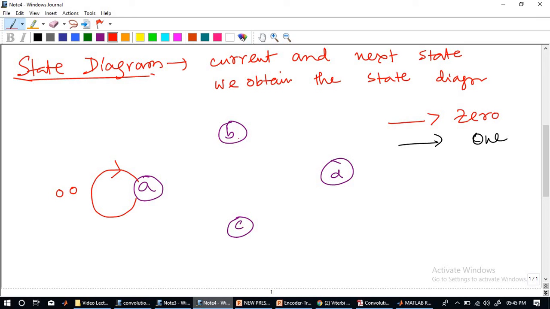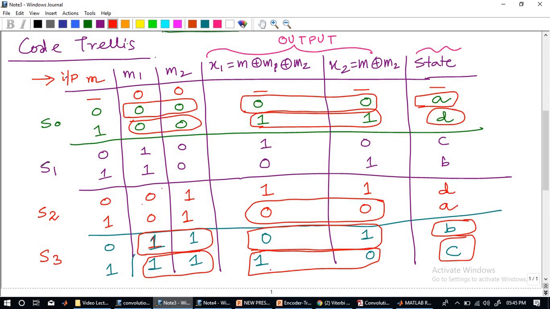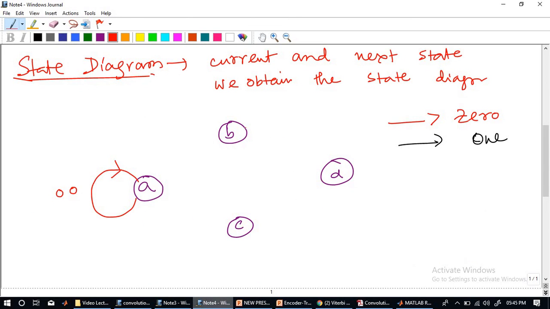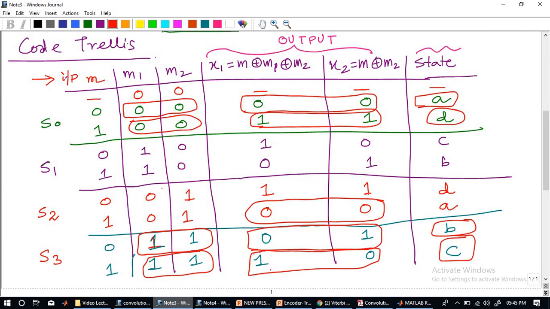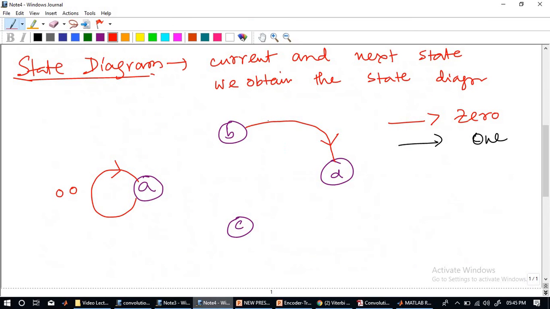So what is the next state of B when 0 comes in? Can you tell me? B is this. It is at 0, 1. 0 comes in. So your state is becoming 1, 1 or D. So your state diagram will indicate something like D, and the respective output you can write as 1, 1 over here.